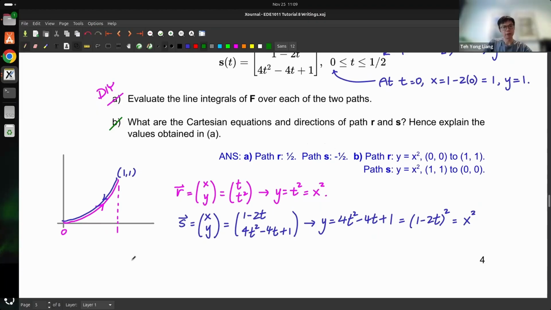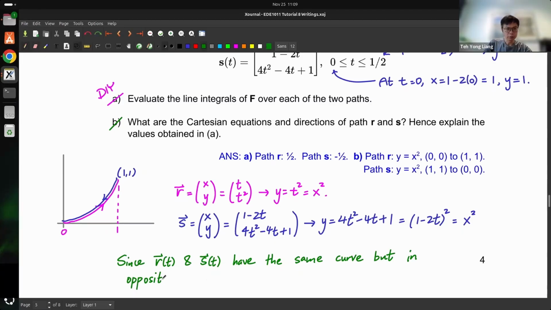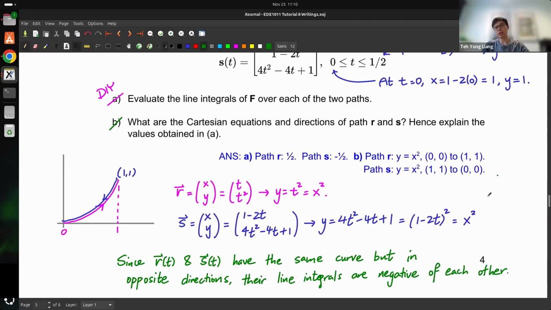For part B, since r of t and s of t have the same curve but in opposite directions, their line integrals are negative of each other. Is that right? Because one is that you integrate from 0 to 1.